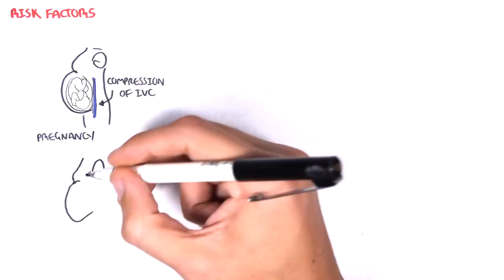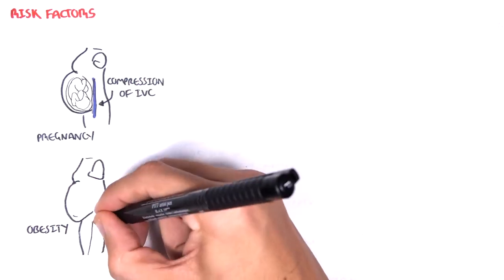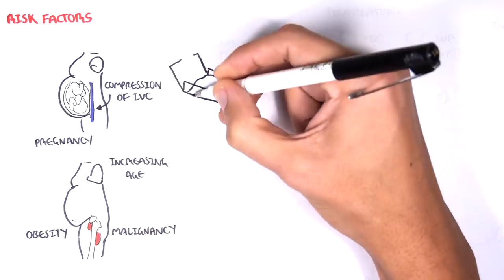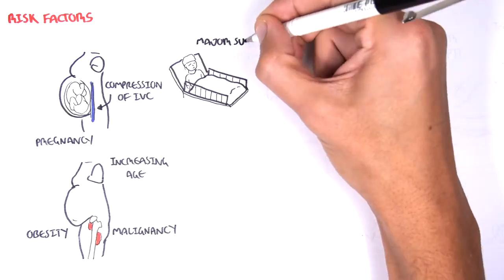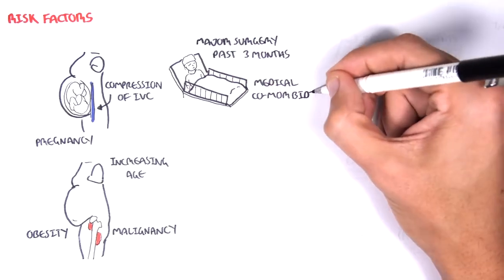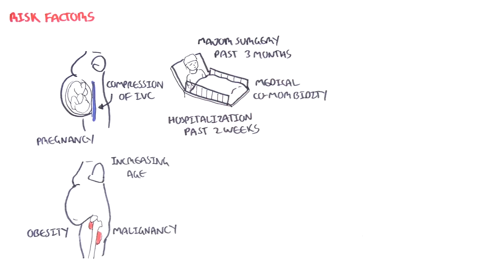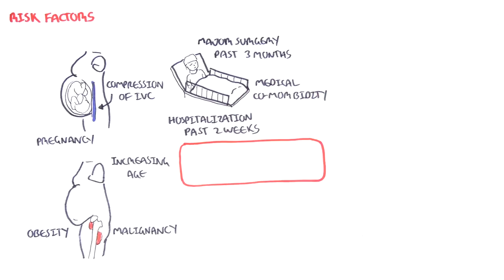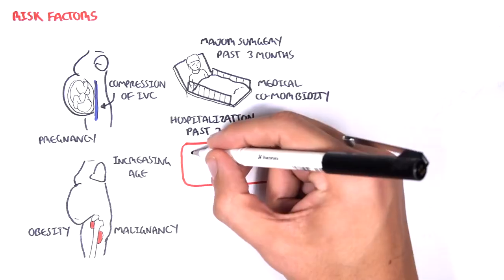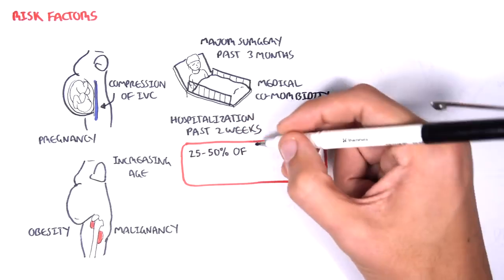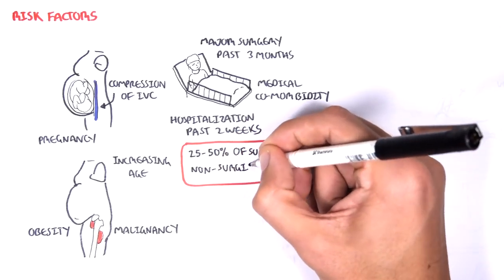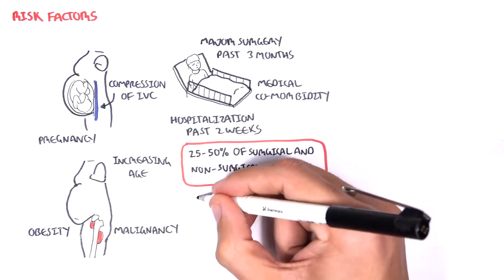Other risk factors for developing deep vein thrombosis include increased age, obesity, malignancy, having had a major surgery in the past 3 months, having medical comorbidities, being hospitalized in the past 2 weeks. And for patients who are hospitalized, 25 to 50% of surgical patients can develop DVT, and also many non-surgical patients.